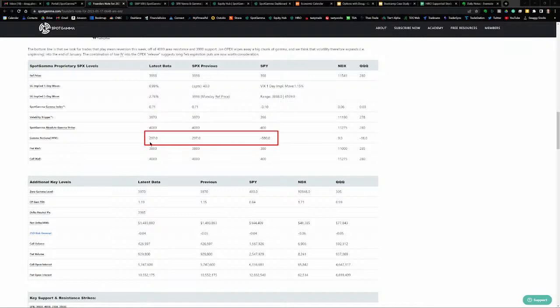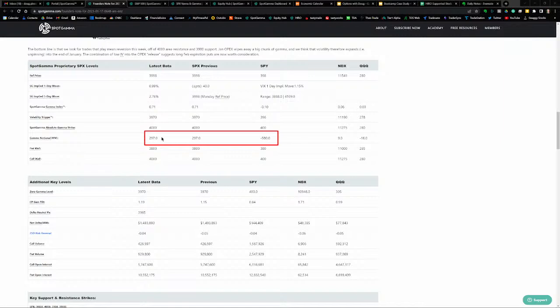And this is showing that market makers' position on the gamma curve is positive gamma. And that means, in this case, that market makers are long calls. That's Spotgamma's assumption. And that means that they have to trade against price to hedge their delta exposure.